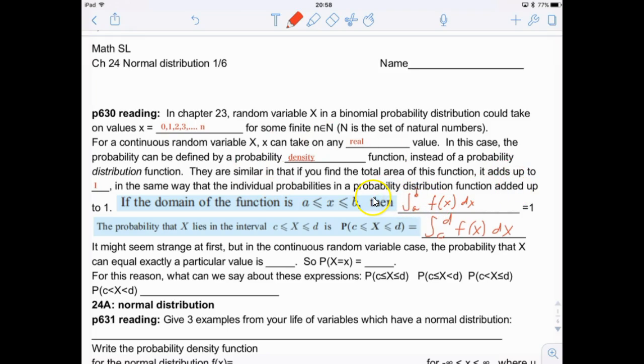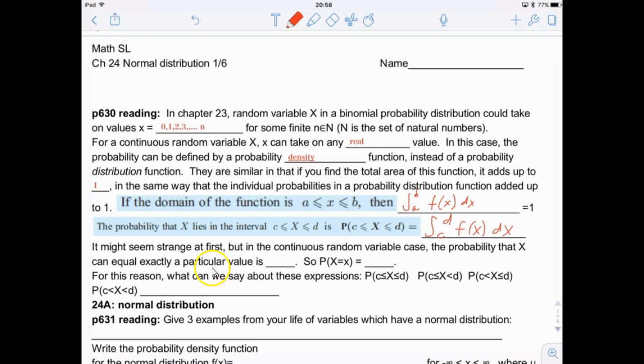Of course you're going to get an area of 1, because that's the definition of the probability density function. But if you just integrate between two values c and d, then you're going to get a part of that 1.